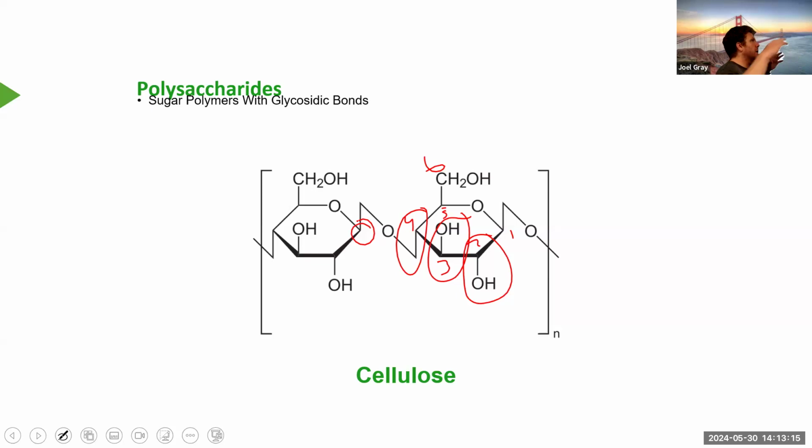When we talk about anomers of two sugars, what are the two possible anomers of any sugar? Alpha and beta. Those are our only two designations.